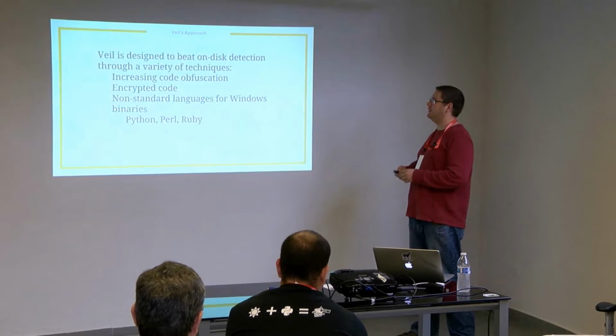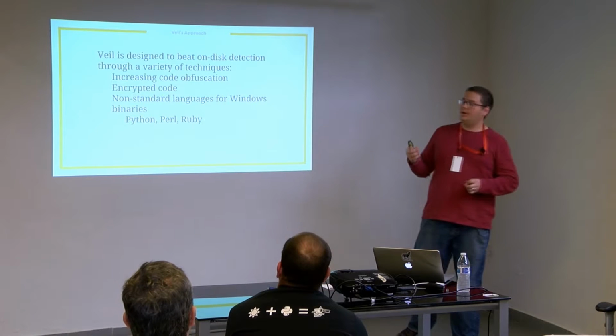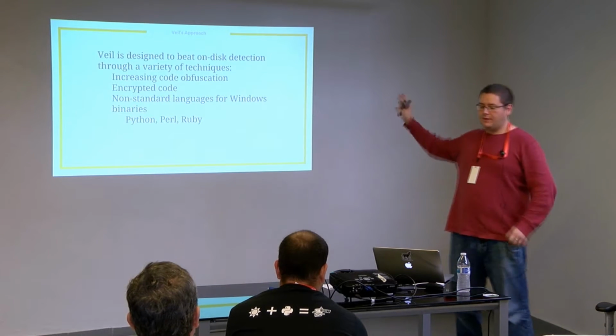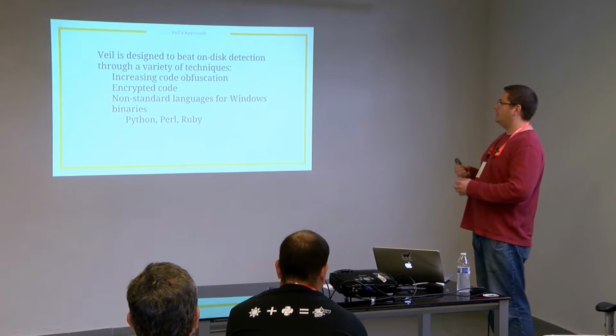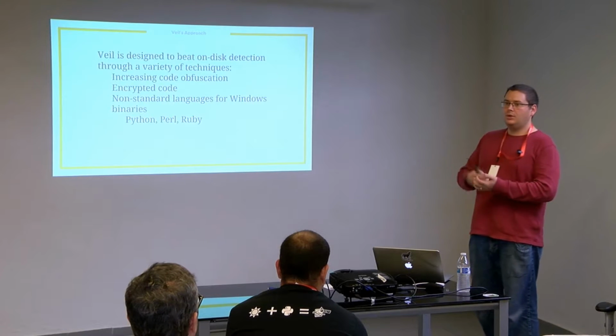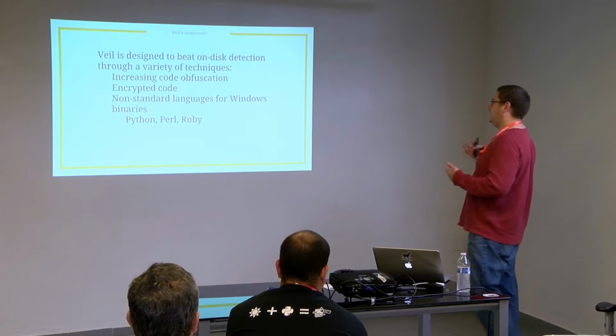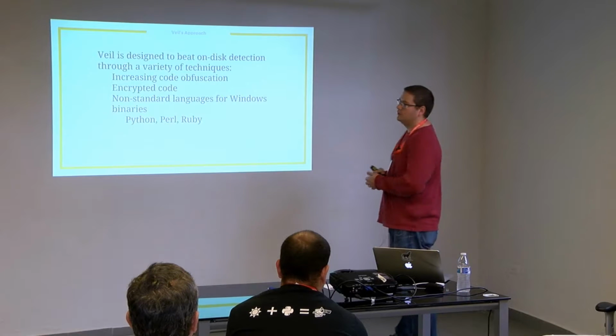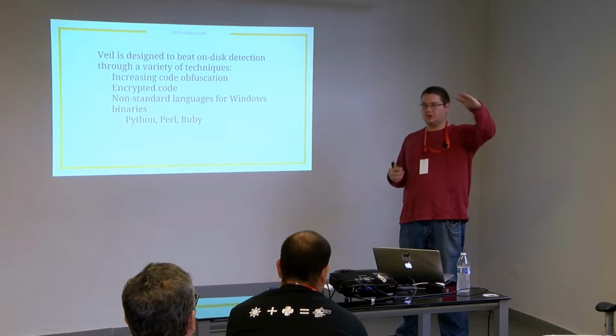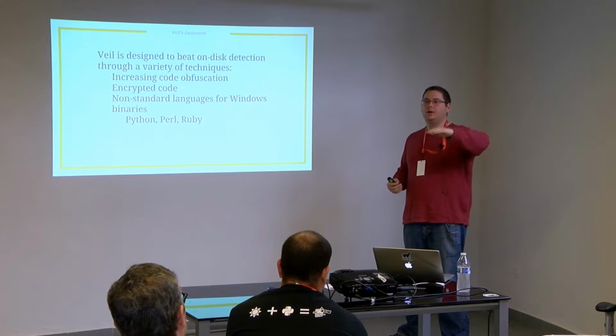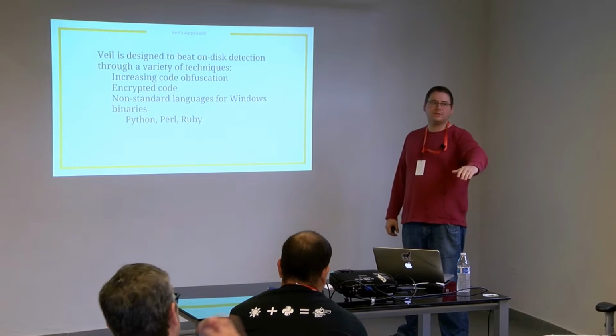So our approach to beating AV, the way that we try to beat antivirus with Veil, is we try to do it through a variety of different techniques. One is increasingly introducing more code obfuscation because we don't want it to be just VirtualAlloc, RtlMoveMemory, CreateRemoteThread, WaitForSingleObject.